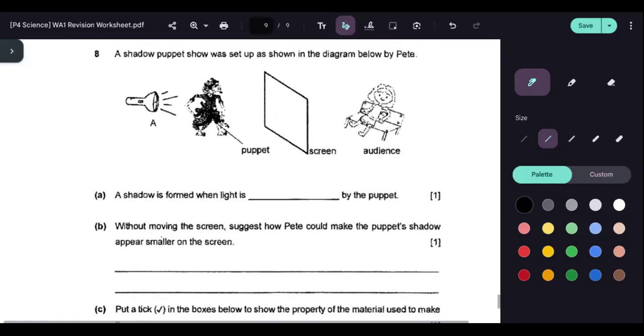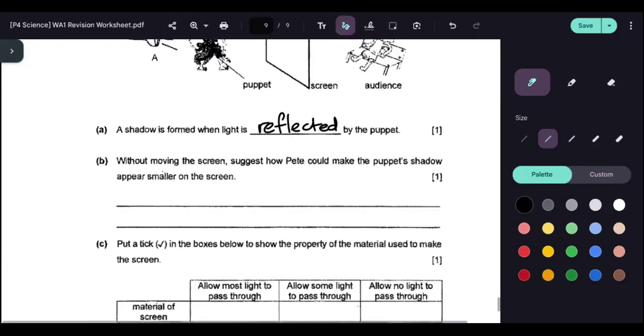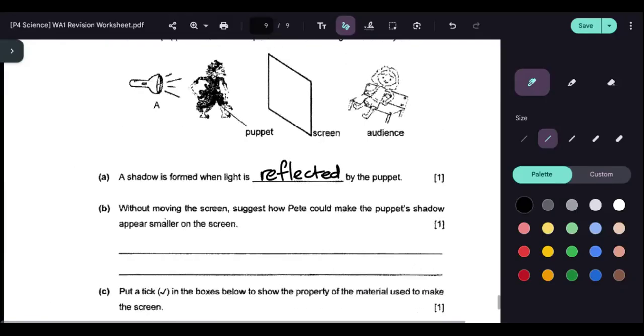Next, question 8. A shadow puppet show was set up as shown in the diagram below by Pete. A shadow is formed when light is reflected by the puppet. Without moving the screen, suggest how Pete could make the puppet shadows appear smaller on the screen.